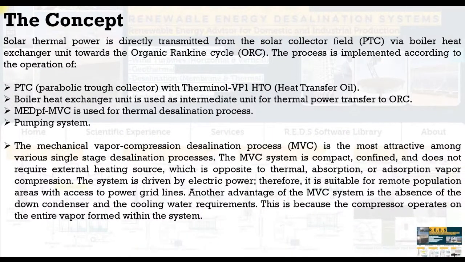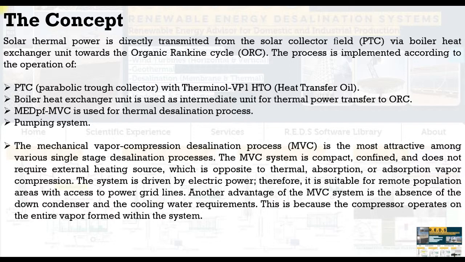Let's see the main concept. Solar thermal power is directly transmitted from the solar collector field, by a boiler heat exchanger unit, toward this organic Rankine cycle. We are going to utilize toluene as the organic working fluid.